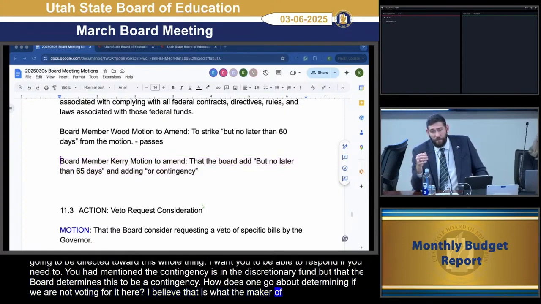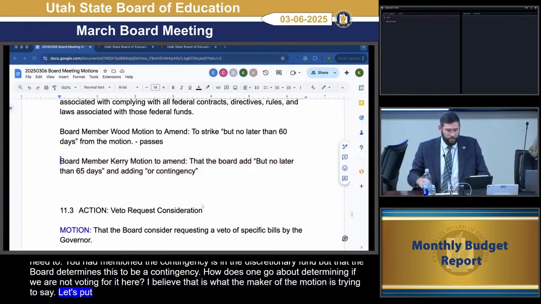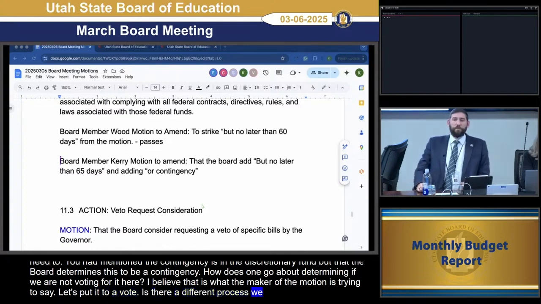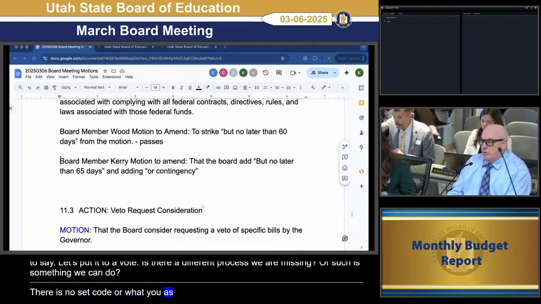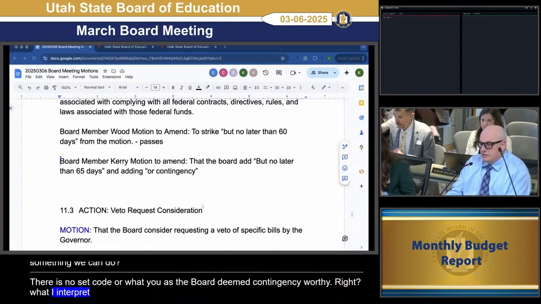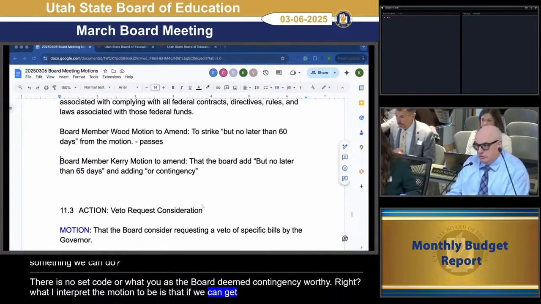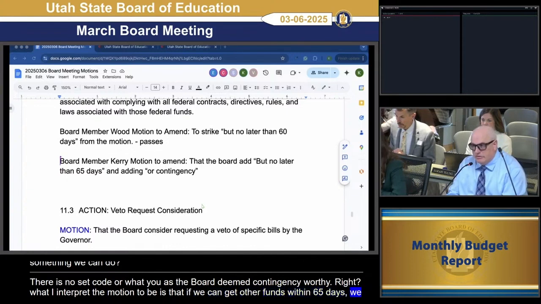Chair, there's no set code on what you as the board deem contingency worthy, right? What I interpret the motion to be is that if we can get other funds within 65 days, we use those funds. At the 66th day, then I would use 150,000 of the 250,000.